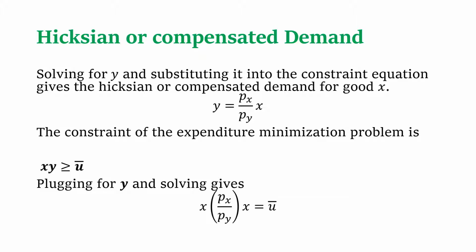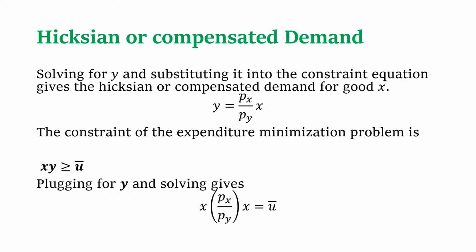Now what we do here, we are now going to substitute this particular variable into the constraint of the consumer. Remember, for an expenditure minimization problem, the constraint is what? xy is greater than or equal to the utility. Okay, so now we plug for y into this, and then we solve.